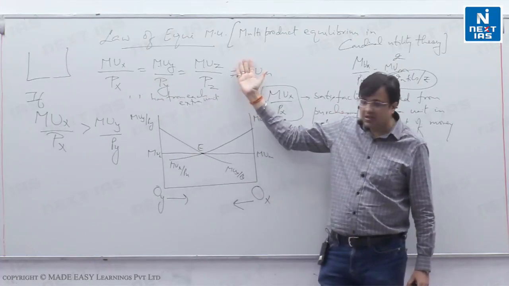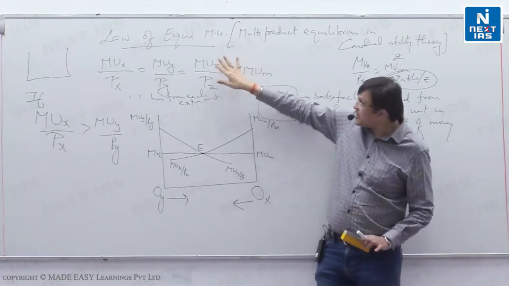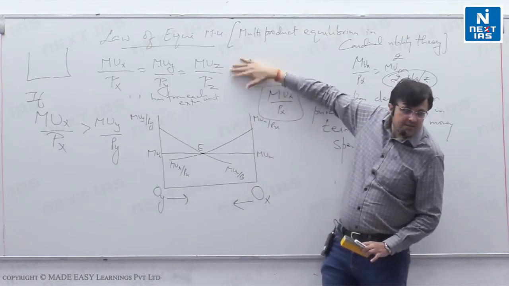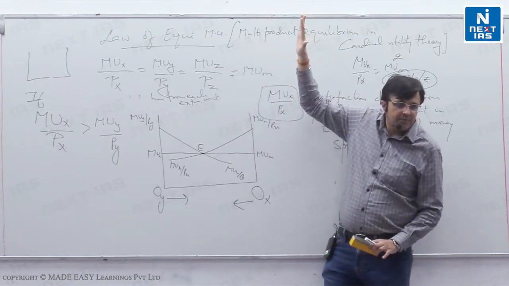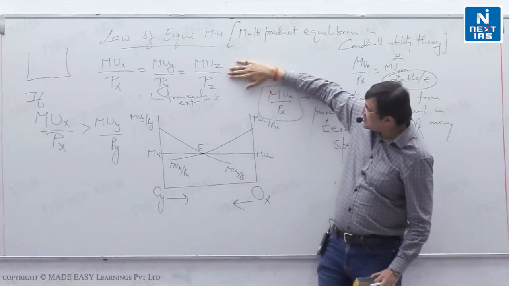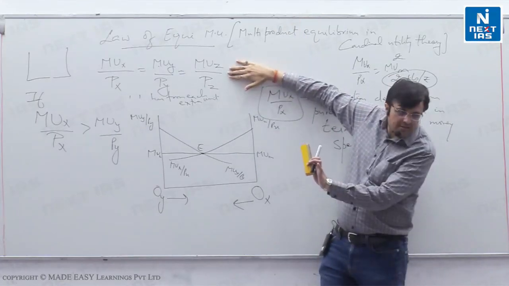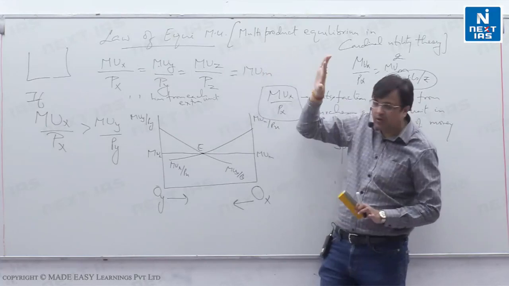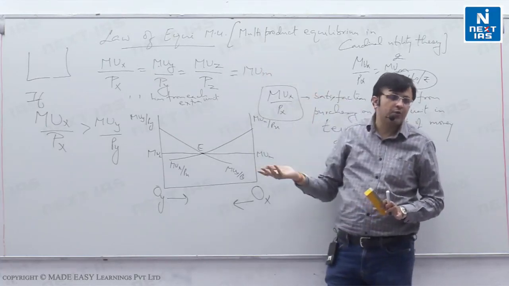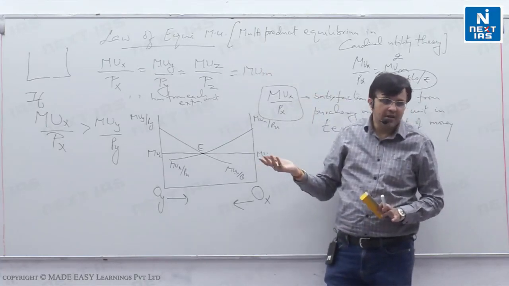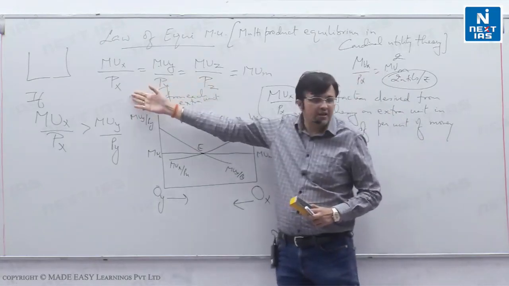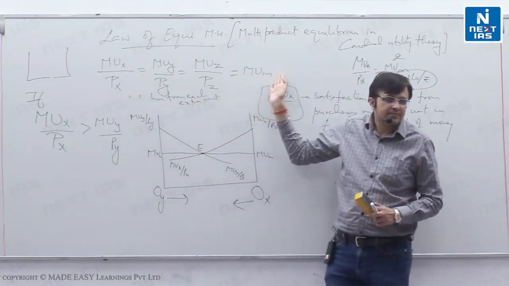If you remove this, even if they are equal, it's not sufficient to prove equilibrium. Yes, if these are not equal to each other, you won't even check.